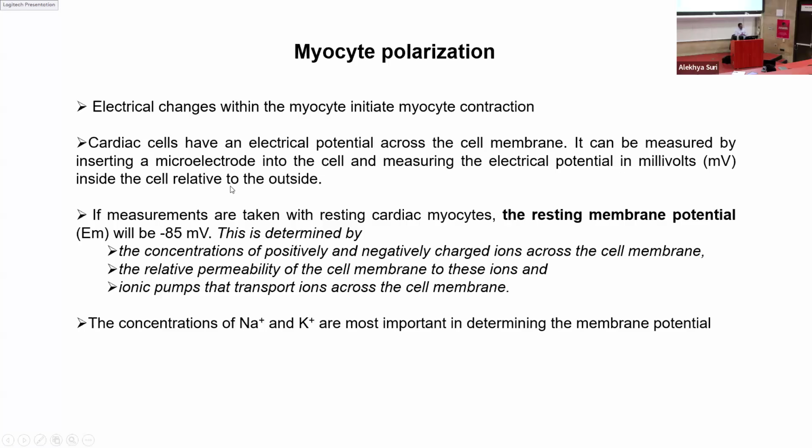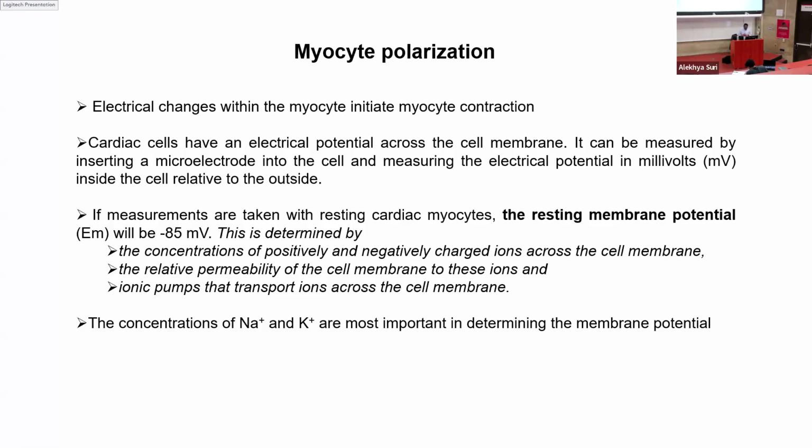And if you measure the current in a resting condition, when the myocyte is not in a contractile stage, it is called the resting membrane potential. Resting membrane potential means that the myocytes are not in a contractile stage, they are in a resting stage. If you measure the electrical current at that stage, you will see the membrane potential will be minus 85 millivolts.